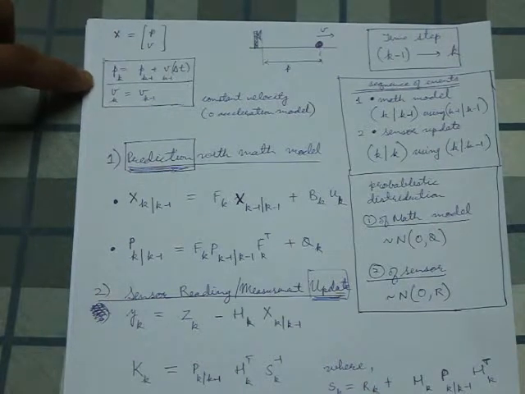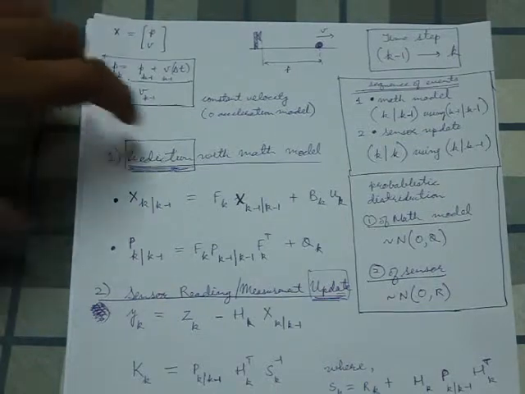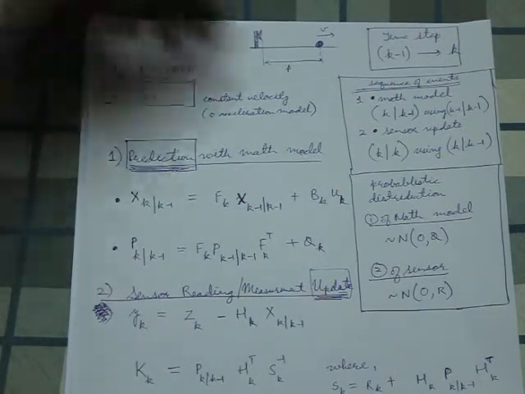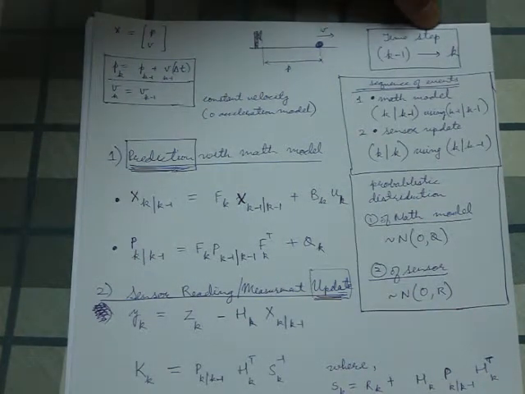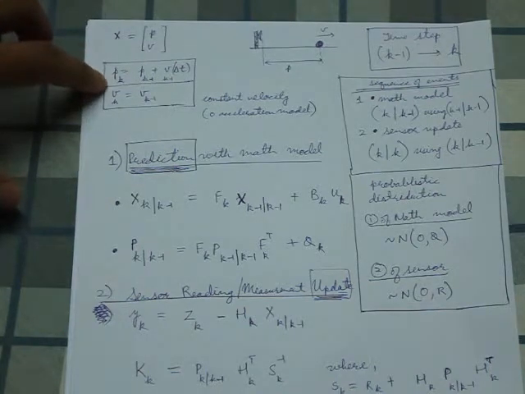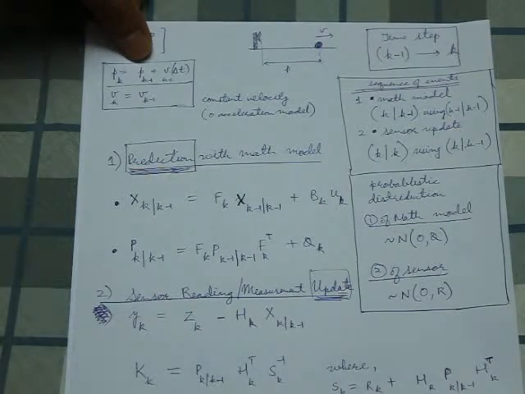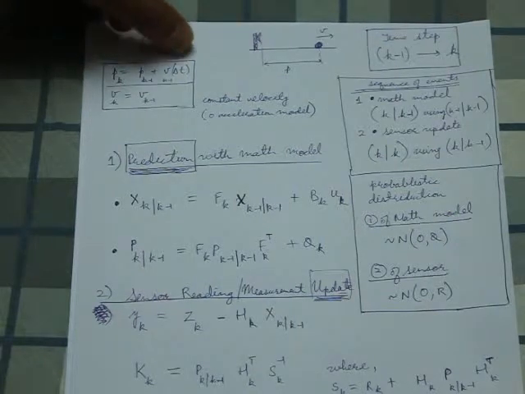Now looking at the mathematical model, here we assume that the ball always moves with a constant velocity. That is, there is no acceleration. This means that if we are going from time step k minus 1 to k, the position of the ball at the new time step, p k, will be equal to the position at the old time step, p k minus 1, plus the velocity at that moment, v k minus 1, times the time that goes by, which is delta t.